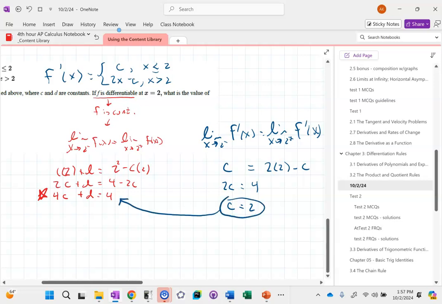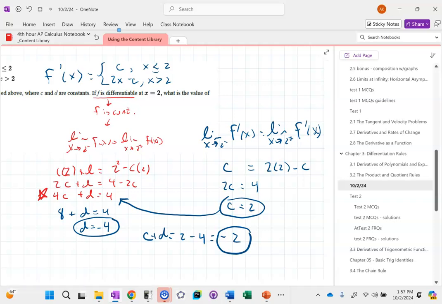I put that back in here, and I have 8 plus d is equal to 4. So d is negative 4. Oh my gosh, I said negative 8, that's negative 4, you dodo. So c plus d is 2 minus 4, so negative 2. That should be my answer. Does that feel okay as to how I did that?